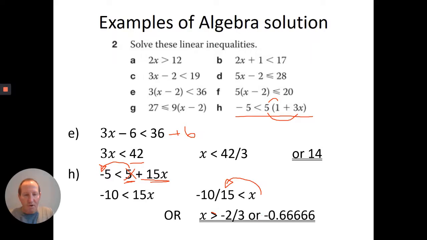Sometimes it's more tidy to write it that way so you can read it more easily. X is greater than, still got the same direction, the big end with the x, the little end with a number, x is greater than minus 2/3, or I know many of you prefer decimals, minus 0.6666. You could be clever and put dots over it to show it's recurring.